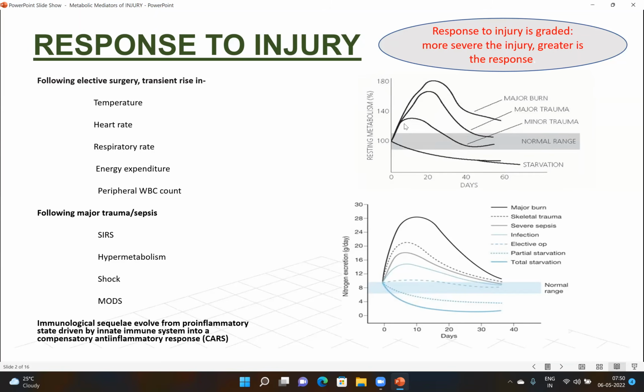Here we can see the resting metabolism state during a minor trauma, this curve, and during major trauma or major burn injury, the metabolic state rises. The nitrogen excretion also increases during infection, severe sepsis, skeletal trauma, and major burn.